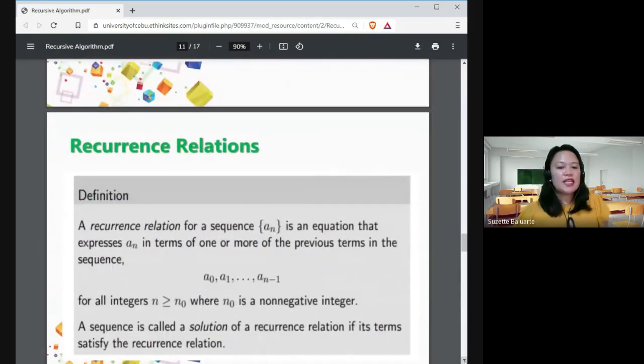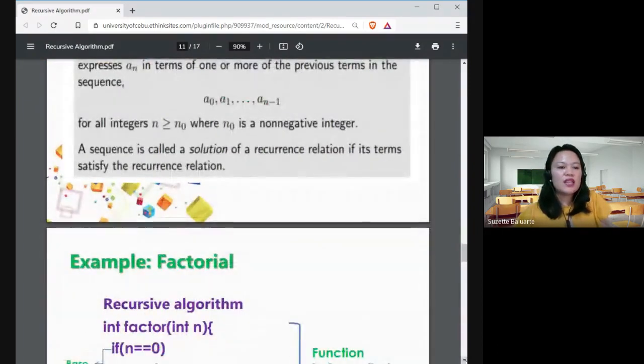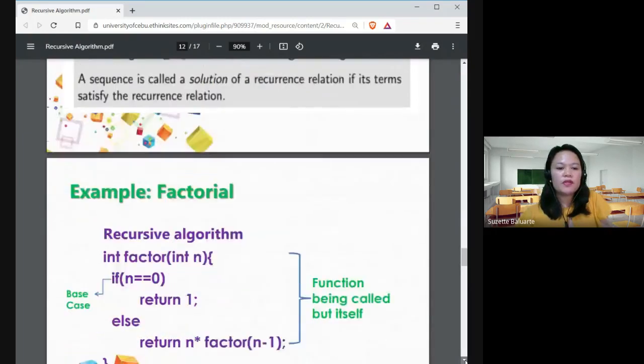It is a sequence a sub n, an equation that expresses a sub n in terms of one or more of the previous terms in the sequence, a sub 0, a sub 1, and so on and so forth, for all integers n greater than or equal to n sub 0, where n sub 0 is a non-negative integer. The sequence is called the solution of the recurrence relation if its terms satisfy the recurrence relation.